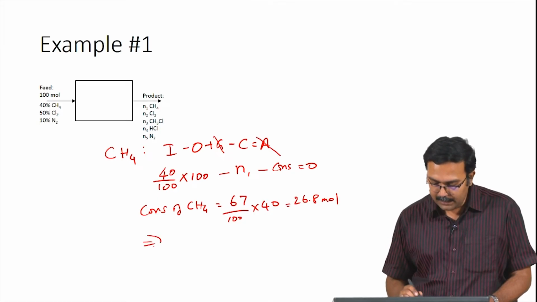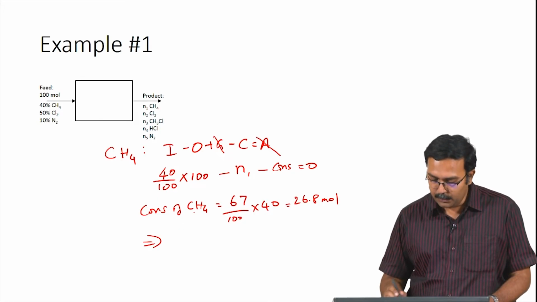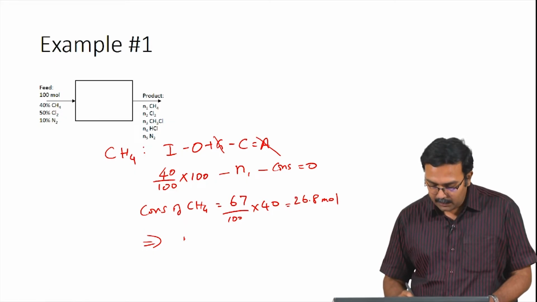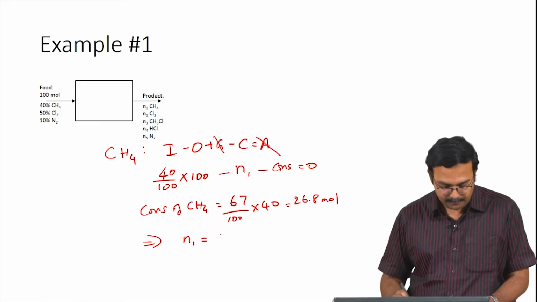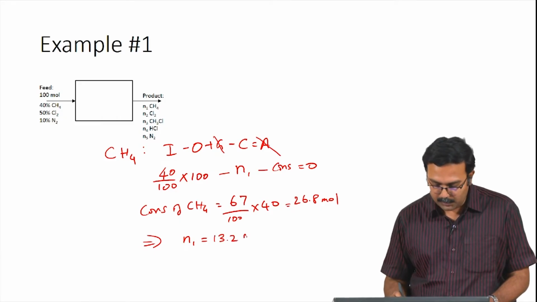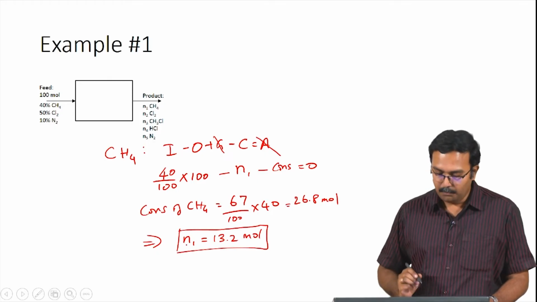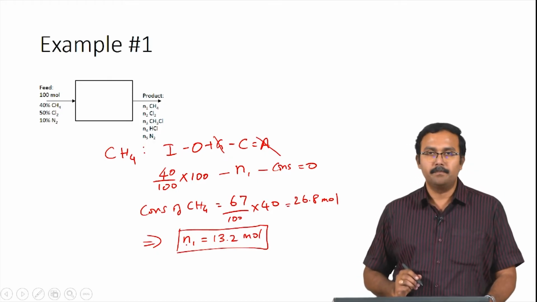So, we can substitute this value for consumption and calculate the value of methane leaving the system as 13.2 moles.